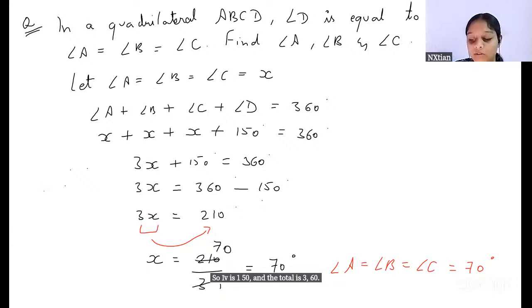So what you can also do is subtract 150 from 360 and then divide the remaining 210 by 3. 210 is the sum total of angles A, B, and C. When you divide it by 3, because 3 angles are there, you will get 70 degrees. All the 3 angles will be of 70 degree dimension. That's how we solve it.